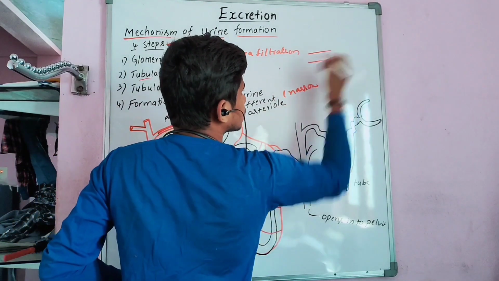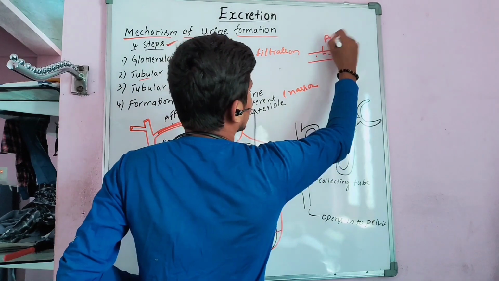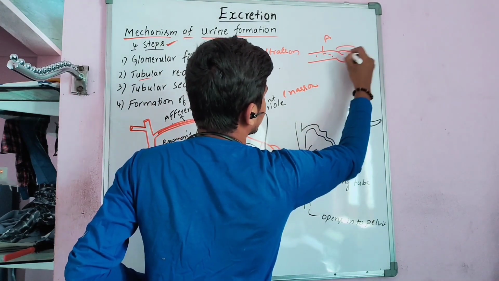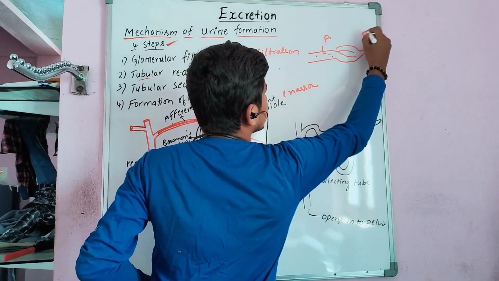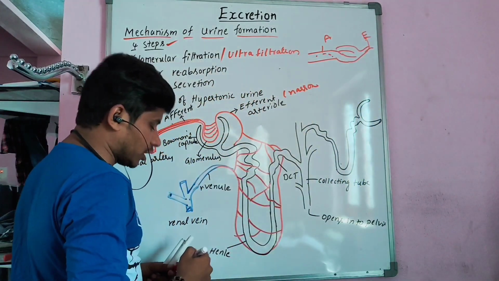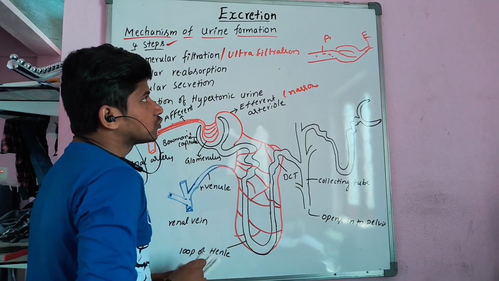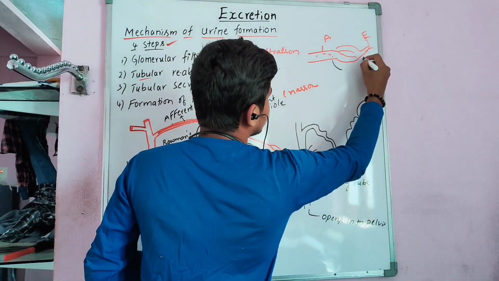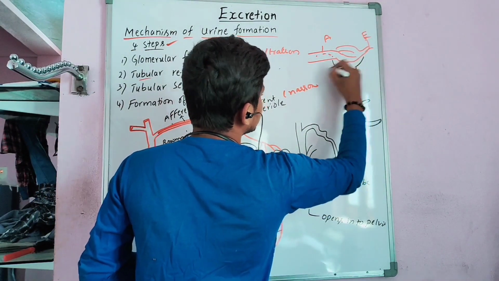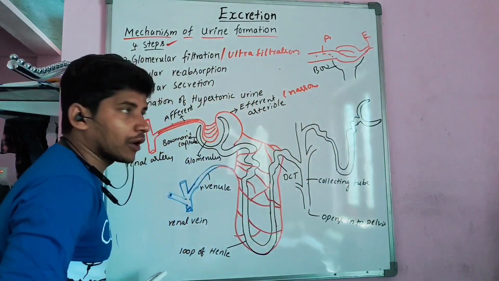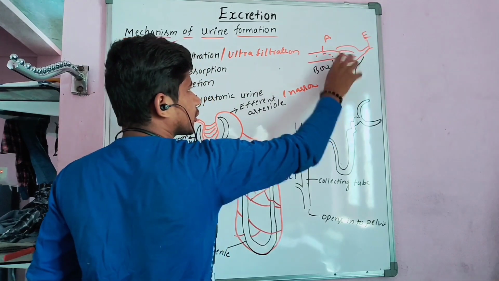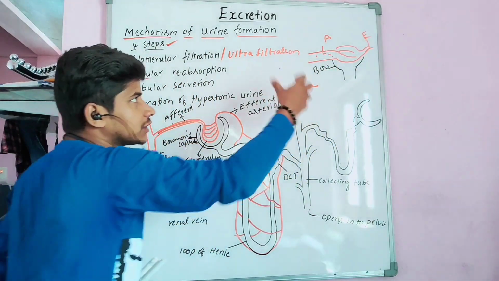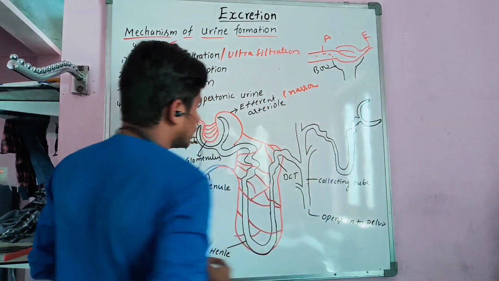So when blood comes in more volume in the afferent arteriole and it divides into the glomerulus and forms the efferent arteriole, here pressure is exerted. That pressure causes the blood to filter, and that filtrate is collected into Bowman's capsule. Hope you have understood. The pressure exerted due to narrowness of the efferent arteriole enables filtering the blood and collecting that filtrate.